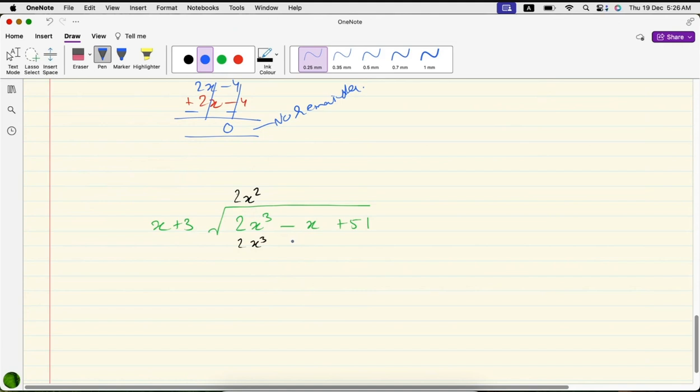Oh yeah, 6x squared, and that can't subtract with x, and then we just carry it down. When we subtract, we get rid of this, and we are left with minus 6x squared minus x plus 51. Oh, okay. So we just carry all of it down. Okay. Yeah.